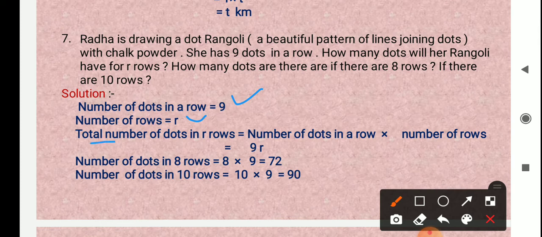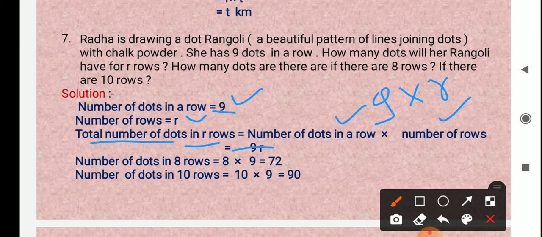So here total number of dots in R rows is equal to number of dots in a row multiplied by number of rows. Here number of dots in a row is 9. So 9 and number of rows are R. So we multiply 9 by R. Total number of dots in R rows is equal to 9R.